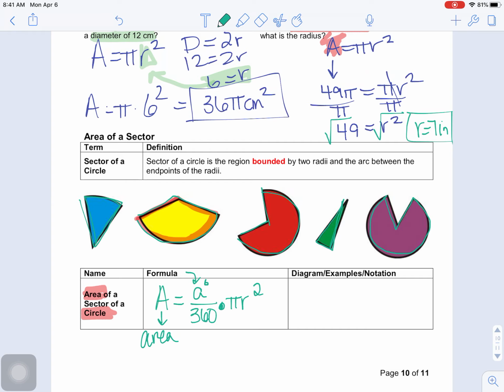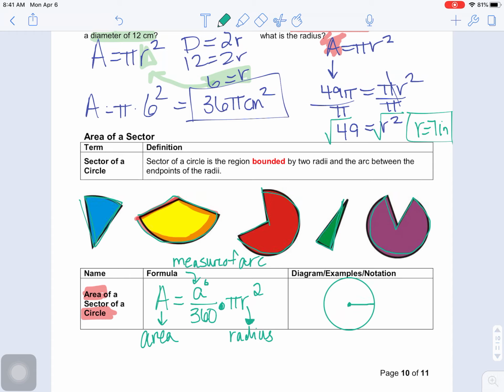The arc measure is the measure of the arc. And again, the measure of the arc is able to be calculated if we're given a central angle, because central angles and their arcs have the same measure. And then the r is the radius. So let me show you an example of what that could potentially look like. So here's my circle.